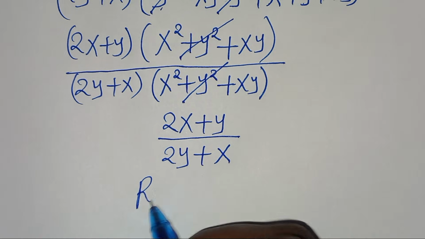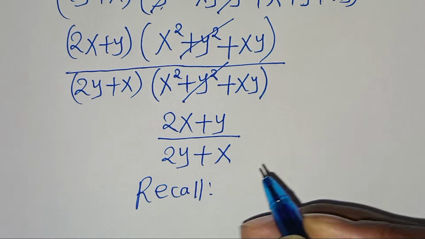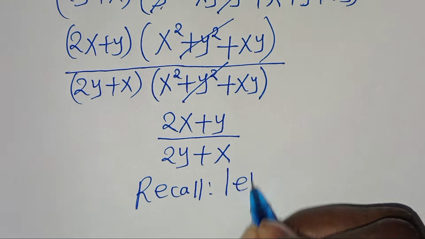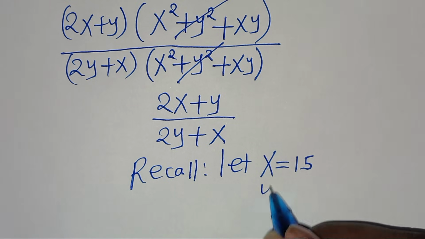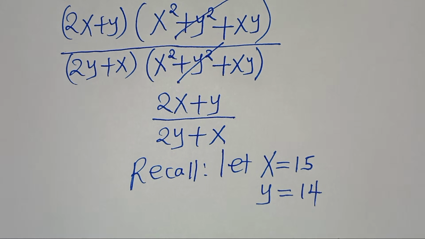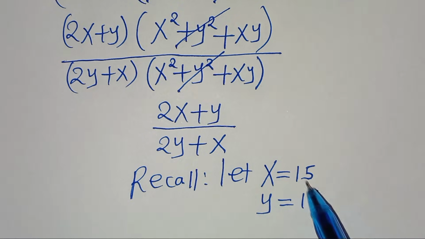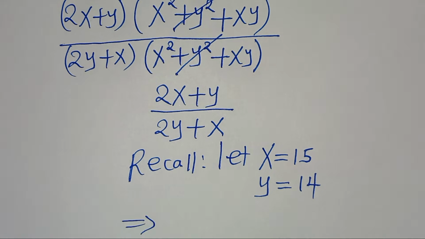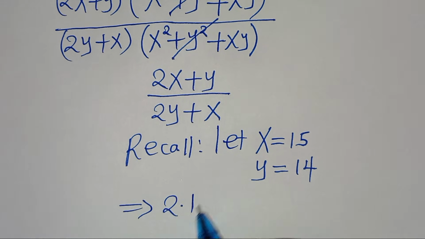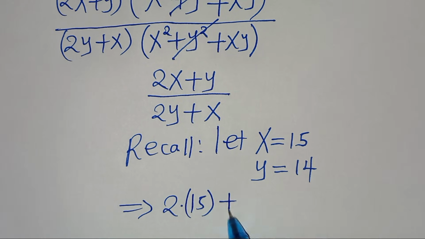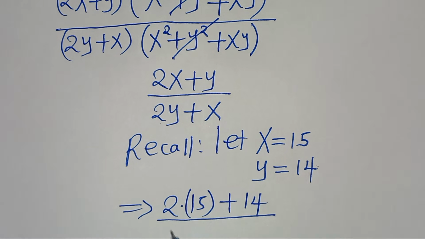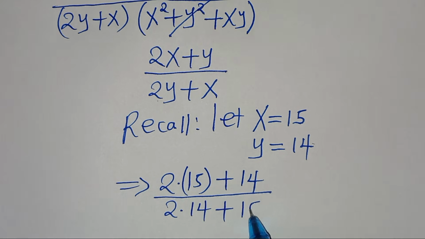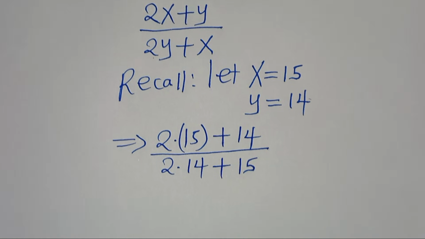Now, if you recall, we let x be equal to 15 and y be equal to 14. So let's substitute x and y with 15 and 14, so that in the numerator we have 2 multiplied by 15 plus 14, divided by 2 times 14 plus 15.